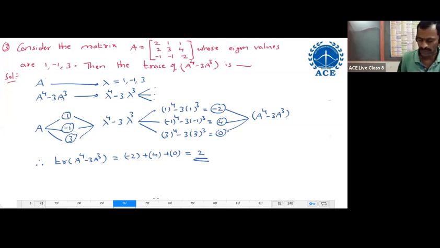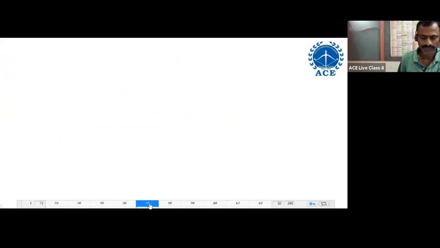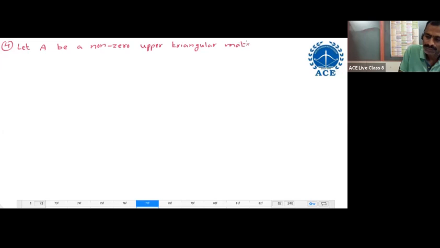Next, problem number 4. Let A be a non-zero upper triangular matrix all of whose eigenvalues are 0.